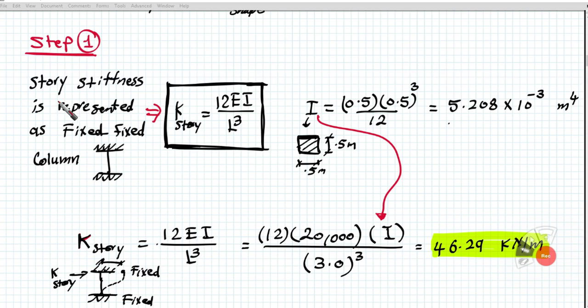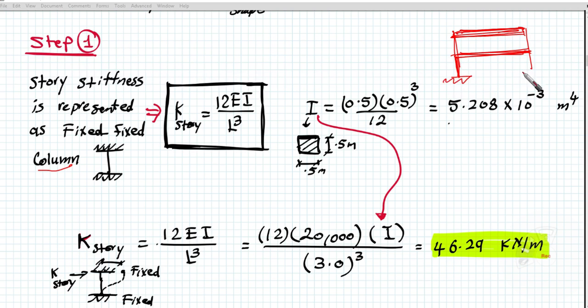Okay, first of all, we need to understand that story stiffness is represented as a fixed column. This is number 1. Whenever we are looking at our system, we have a 2-story frame, right? And we said that the girders are very strong, or rigid.